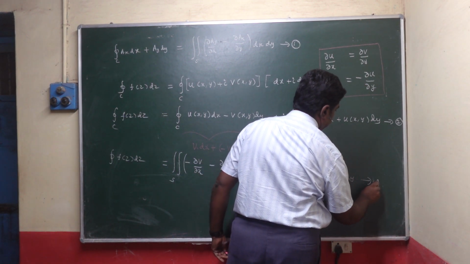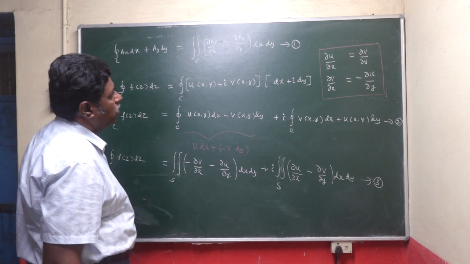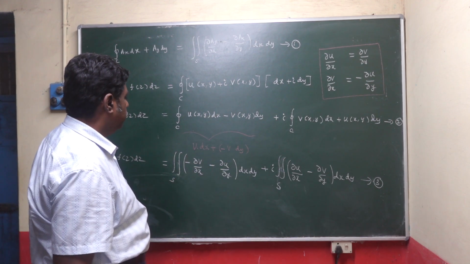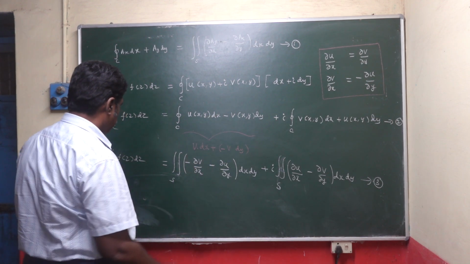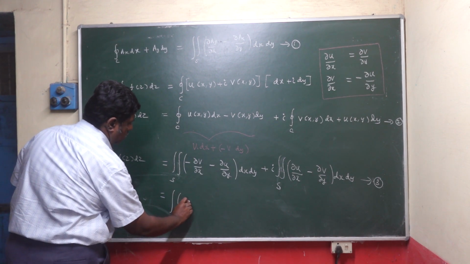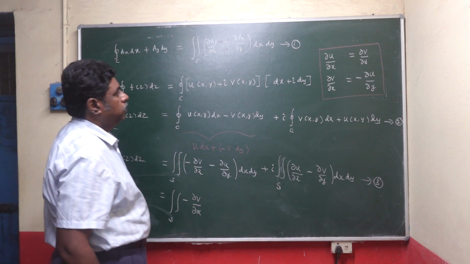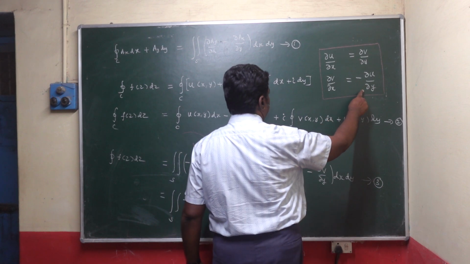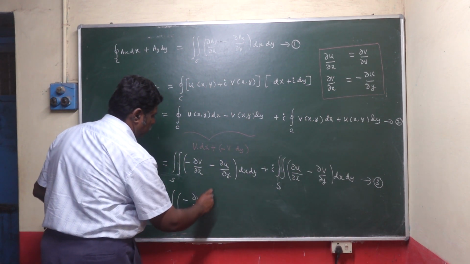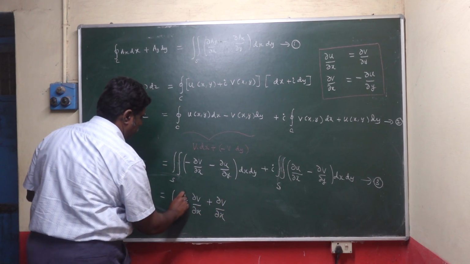In equation 3 we have to substitute the values. Dou v by dou x equal to minus dou u by dou y. So this is modified as minus dou v by dou x. Instead of this dou u by dou y, once again you have to put minus dou v by dou x. So minus to minus plus, plus dou v by dou x.